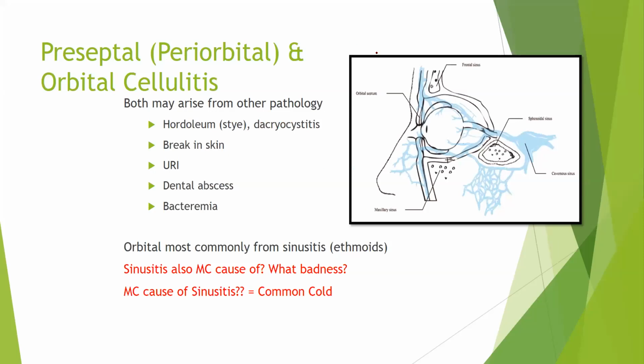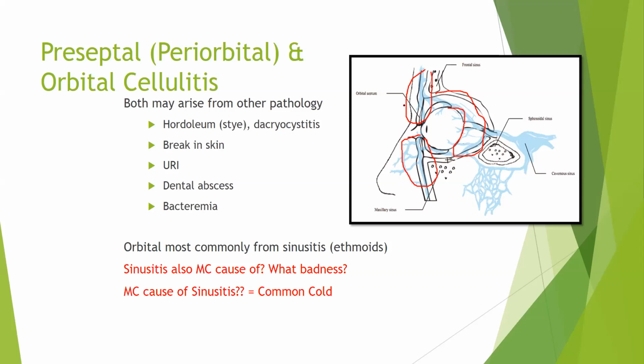Preseptal and periorbital cellulitis. So that is a cellulitis of the orbital septum and the external skin around the eye. It is not back here in the orbit itself. So this can be caused by a sty, or from dacrocystitis, which we saw before.